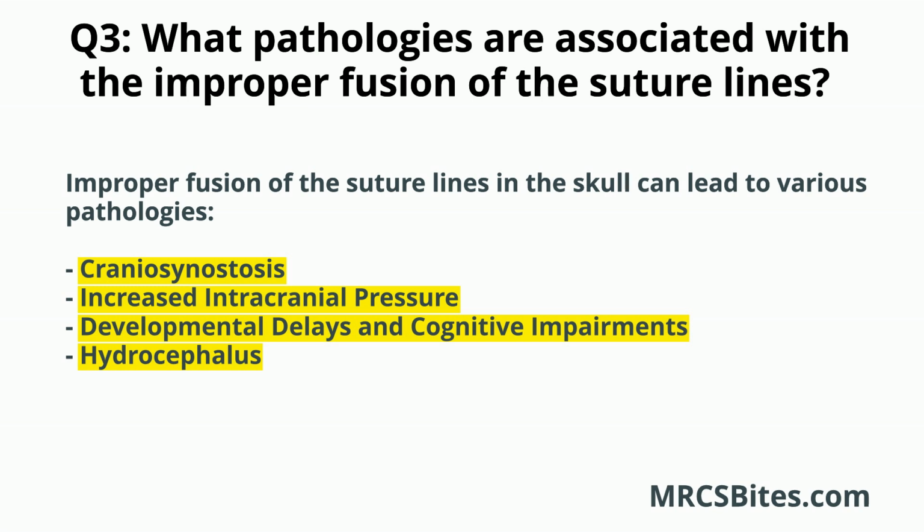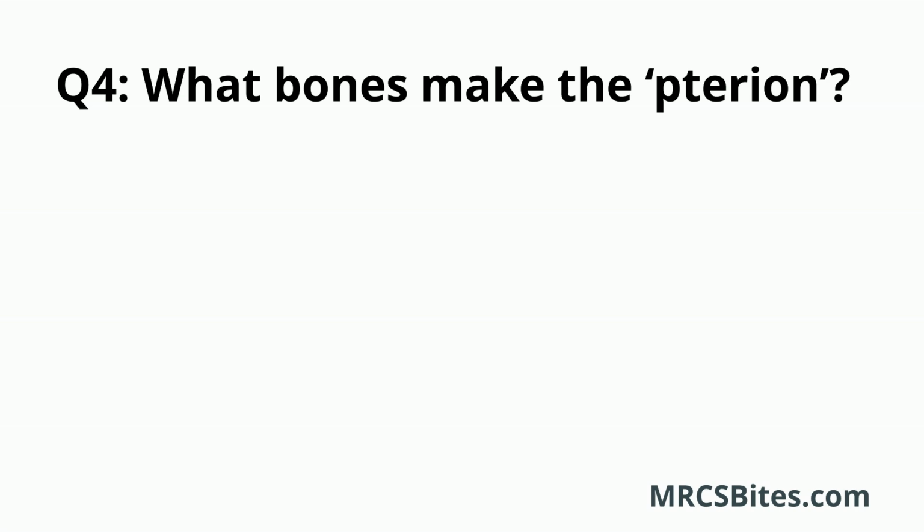Hydrocephalus is a condition where there is an accumulation of cerebrospinal fluid, or CSF, within the brain, potentially caused by restricted skull growth due to craniosynostosis. Treatment for these conditions often involves surgical intervention to correct the skull shape and allow for normal brain growth and development.